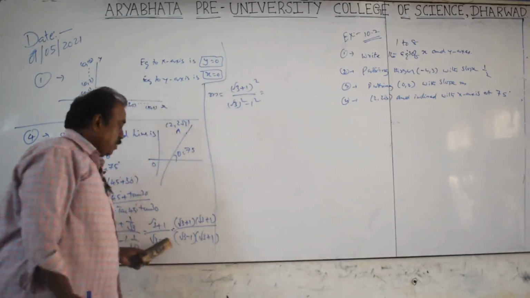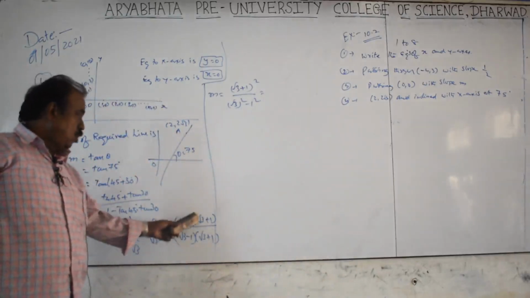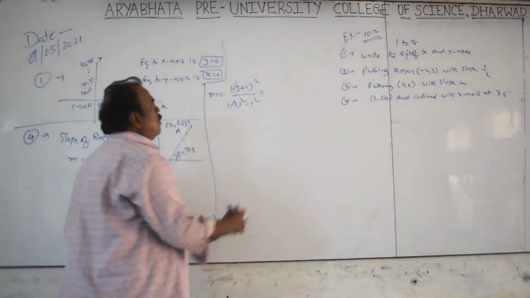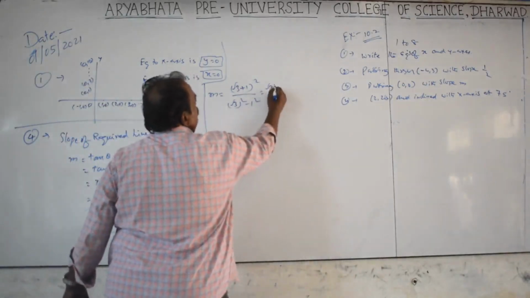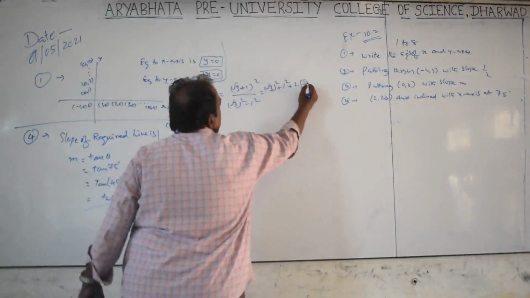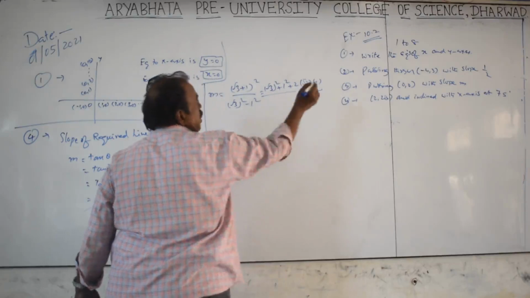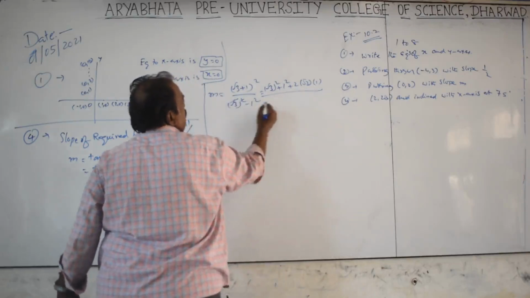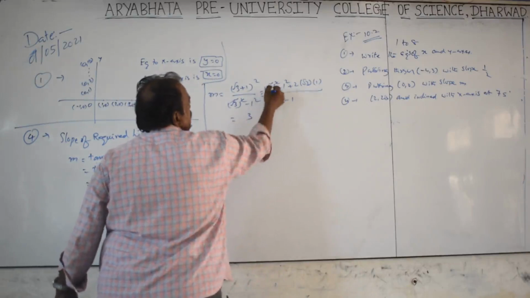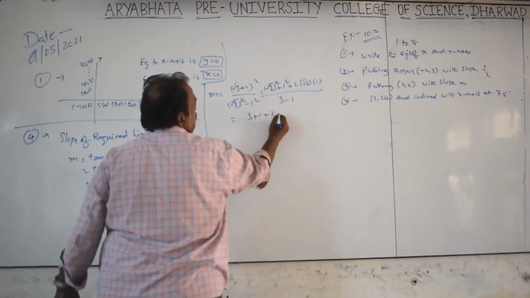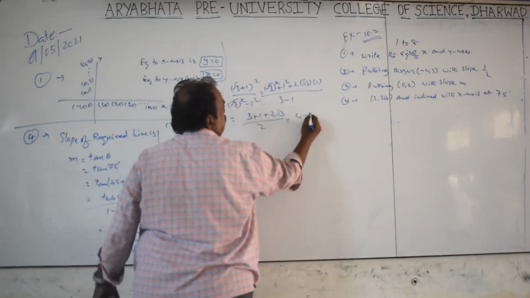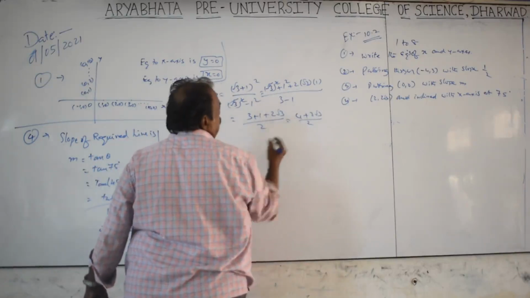Will you agree? (a plus b) whole square is a square plus b square plus 2ab. Root 3 square is 3, and 1 square is 1. Here it is 3 plus 1 plus 2 root 3 by 2, so here also it is 4 plus 2 root 3 by 2.